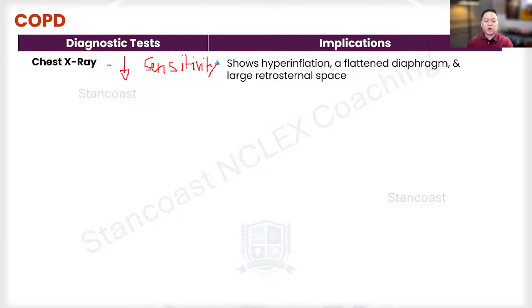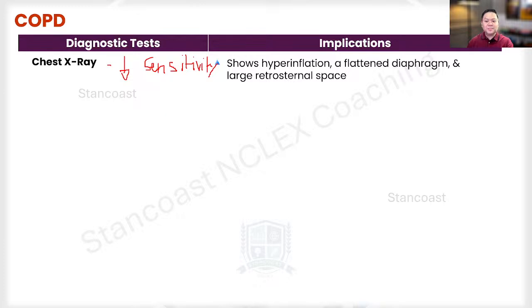This can show the hyperinflation of the lung fields. Because of the hyperinflated alveoli, there is also going to be flattening of the diaphragm when you look into the chest X-ray, right? And there is also going to be an enlarged retrosternal space in advanced emphysema. So those are the things that can be captured by the chest X-ray.